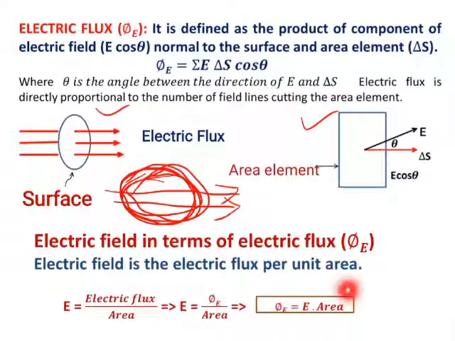Another reason is that there is a dot product. Whenever we open a dot product, we have to write cos theta. E delta S cos theta. And electric flux is directly proportional to the number of field lines. If electric field lines are more, then definitely electric flux is more.